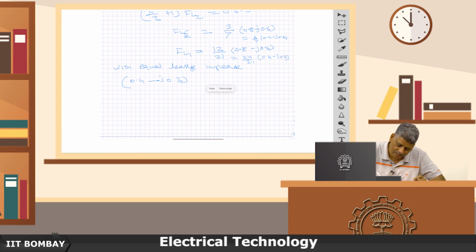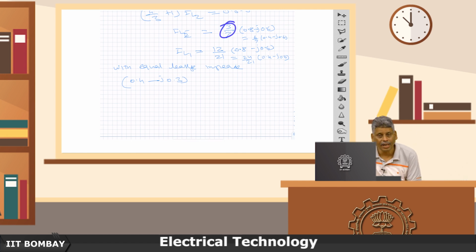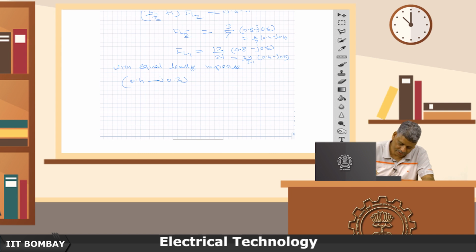Therefore, with this number being higher than 1, there is overloading on the transformer with lower leakage impedance, and underloading on the transformer with higher leakage impedance.